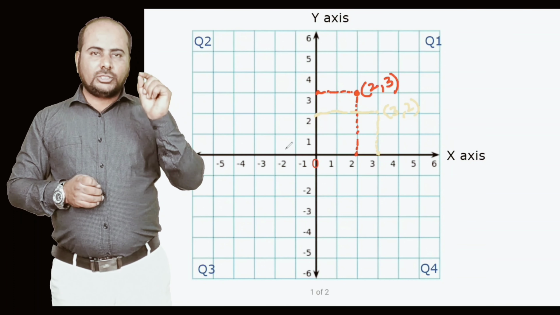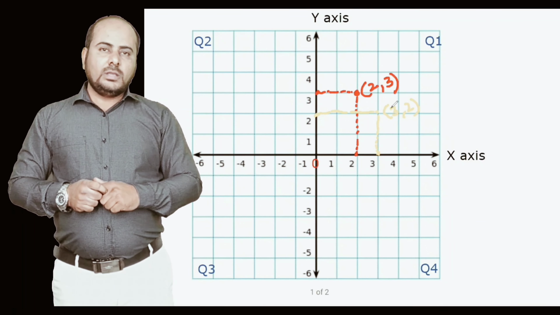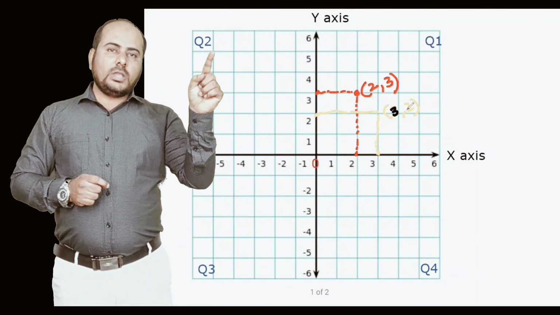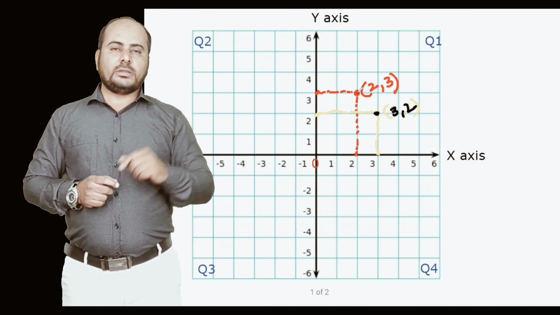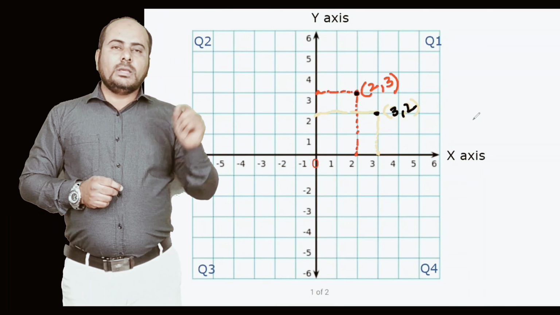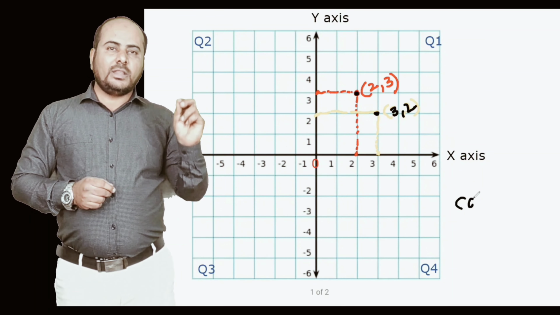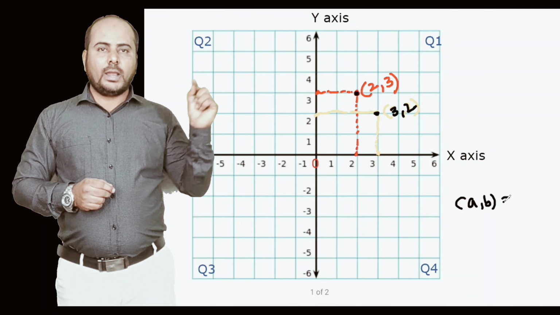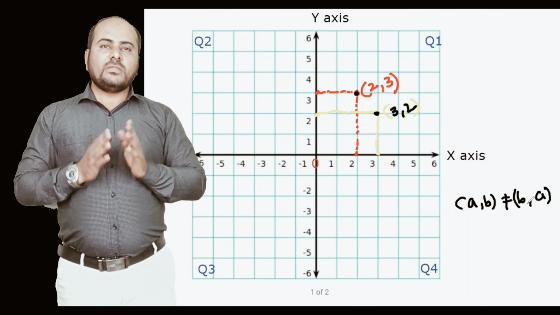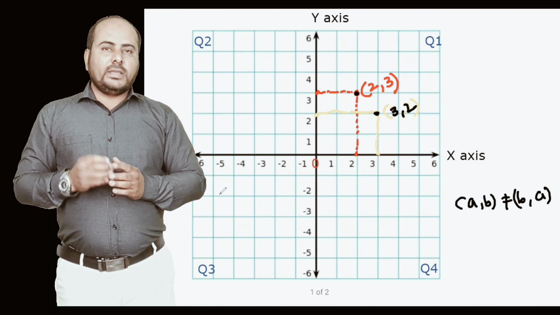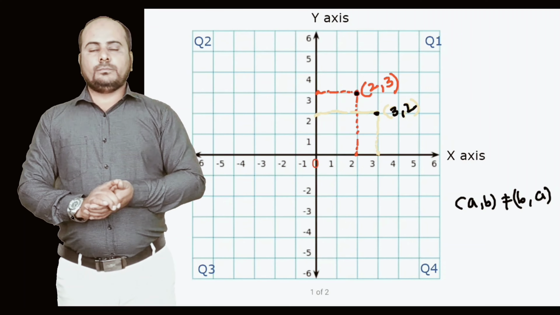And then the ordinate 2 is on the positive y-axis. So if you join (3, 2) together, you get a particular point. That point is called (3, 2). Now clearly you can observe the difference between (2, 3) and (3, 2) in the diagram. By this we can conclude that always (a, b) is not equal to (b, a).